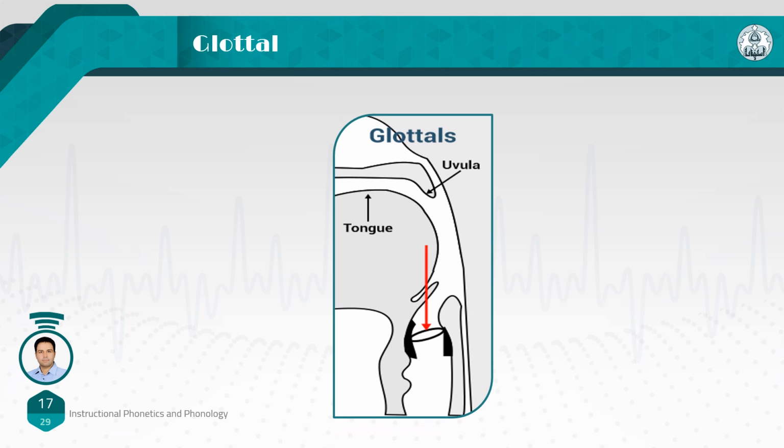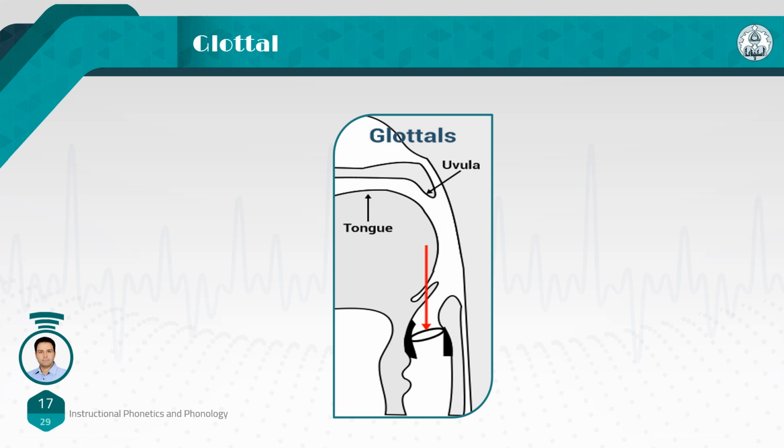Glottal. This place of articulation is called glottal because we use our glottis in order to produce these sounds. The glottis is even deeper than the pharynx and epiglottis in the throat. You can see where glottal consonants are produced here.